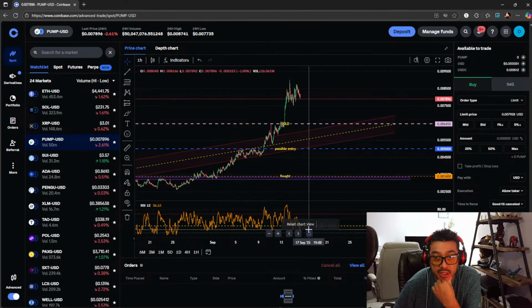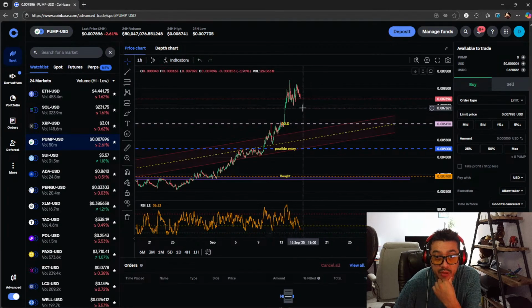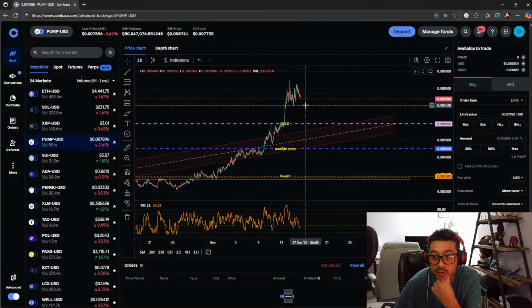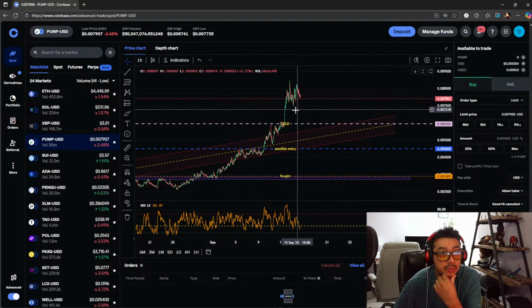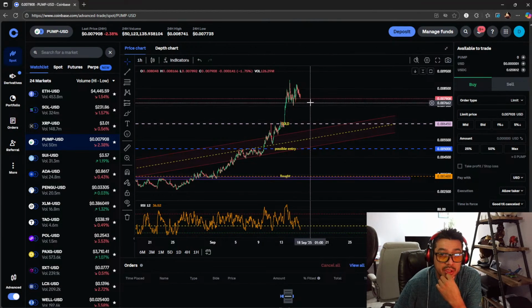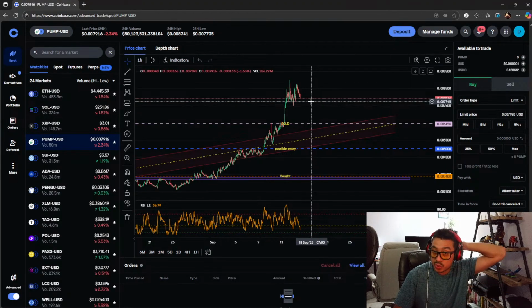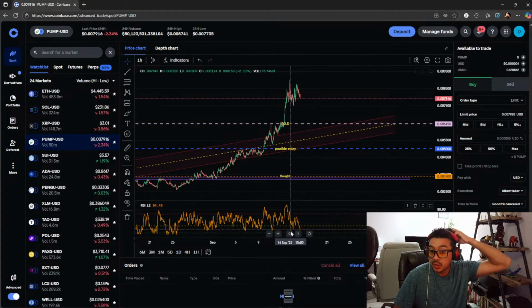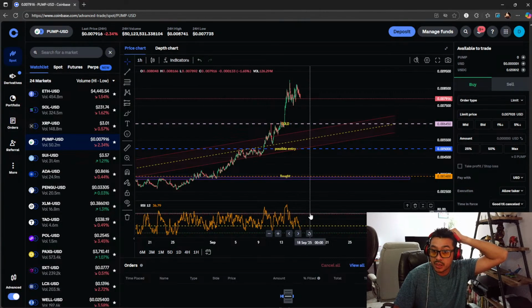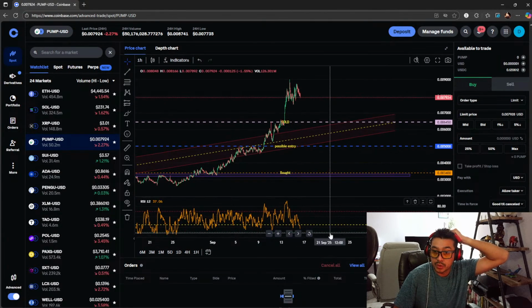RSI is showing that if it drops just a little bit more, it's probably a good idea just to put 100 in there. I don't know. We'll see what happens. I trade with RSI, and it's looking sexy.